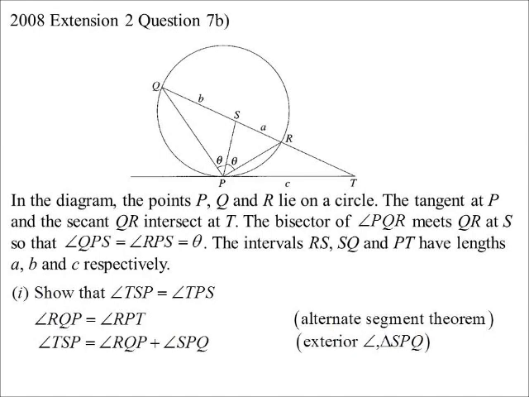So from that, I can say that TSP is equal to RPT, because we said that was equal to RQP, and SPQ, they've told us, is theta. Let's keep going. SPT is all equal to RPT plus theta, common angle. So therefore, SPT and TSP are the same.